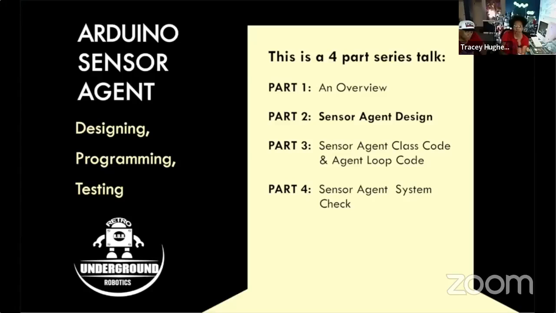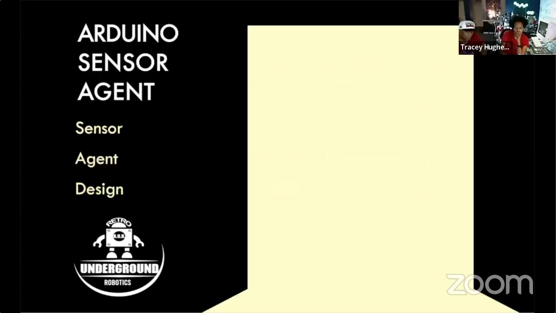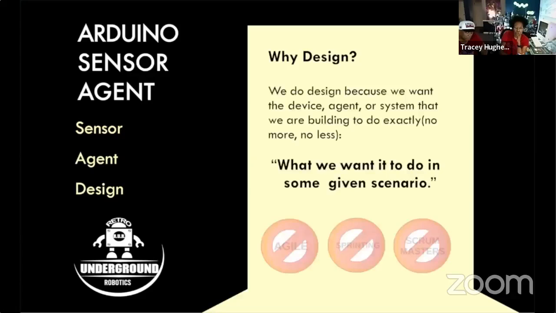So, designing an Arduino sensor agent. Why do we do design? We do design because we want the device, agent or system that we're building to do exactly, no more, no less, what we want it to do in some given scenario.